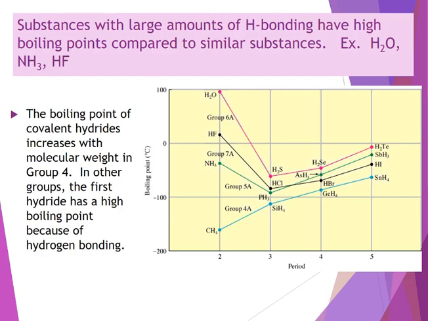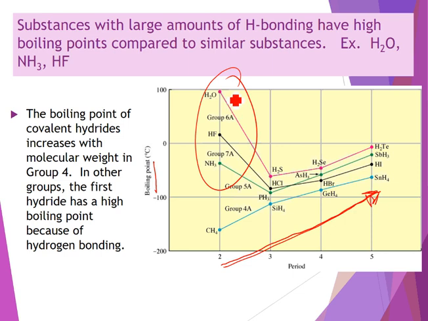This is a graphic that illustrates that trend I was talking about, things that hydrogen-bound buck. There's water, hydrogen fluoride, and ammonia. And what you should see is that as you increase the mass of nonmetal hydrides, typically we see the boiling point increasing up and to the right.